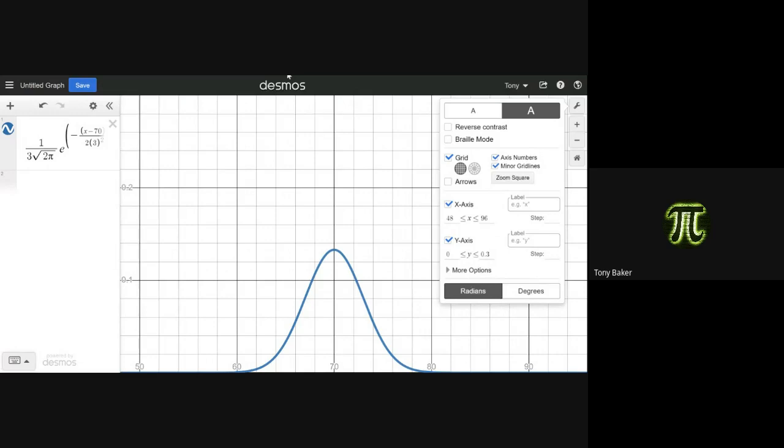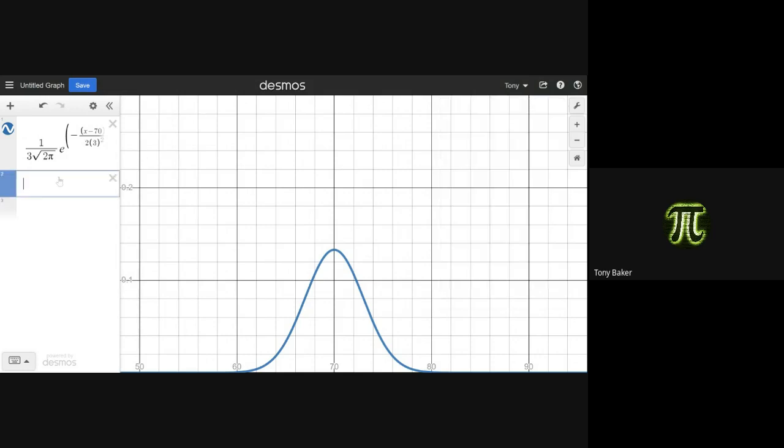Okay. So the integral is going to give me the area underneath that curve, right? The area underneath that curve is going to be the percentage of our population that meets that criteria.